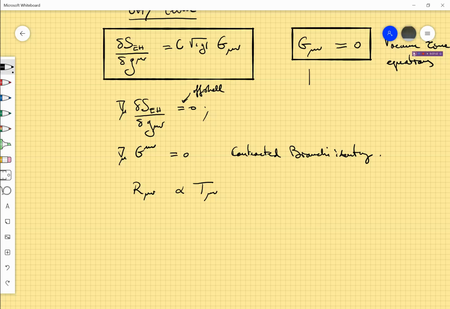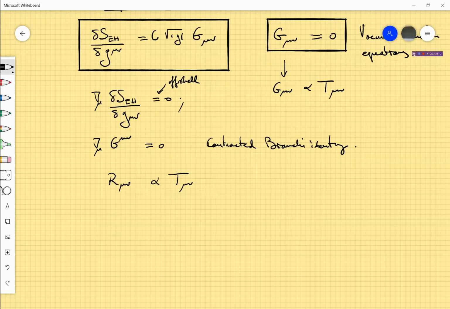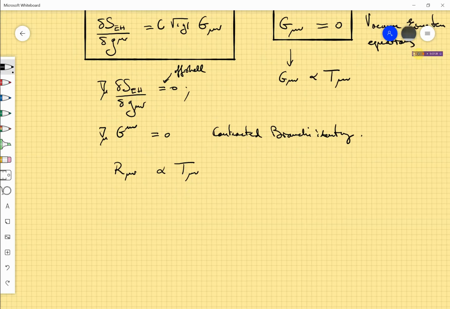You know that from this, if you have matter, after all the discussion that we had in the previous video, the equations of motion will be G mu nu proportional to T mu nu. Well, the difference is that if I try to take the covariant divergence on these two sides, I know that this is different from 0 in general, which means that this will be different from 0 in general.